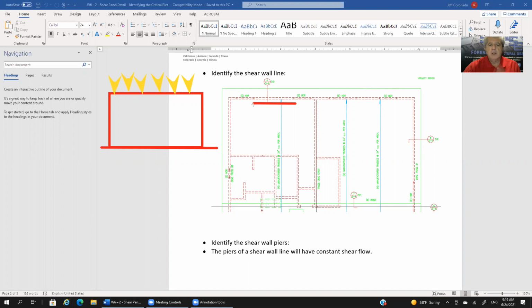Plus its own self weight, so that when there is a lateral force on this, the overturning force from that lateral force that wants to rock this pier over like this is going to be counteracted by the gravity load that's going to be pushing down on the wall, hence creates what we would call a countering moment, a counterclockwise force, if you will, that would resist the overturning from the lateral force.